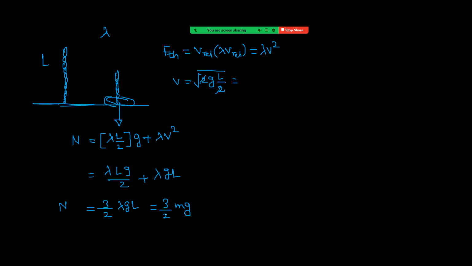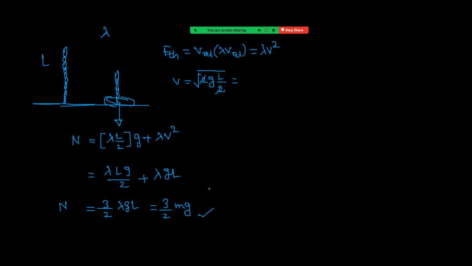Normal reaction is 3 by 2 times the weight of the chain. Here you can say one more thing about thrust force. Lambda L is M, so lambda L g is mg, and the thrust force is mg. Normal reaction is 3 by 2 mg.